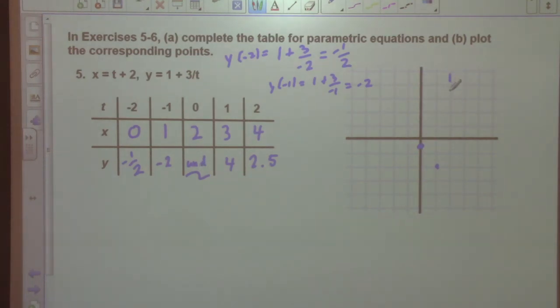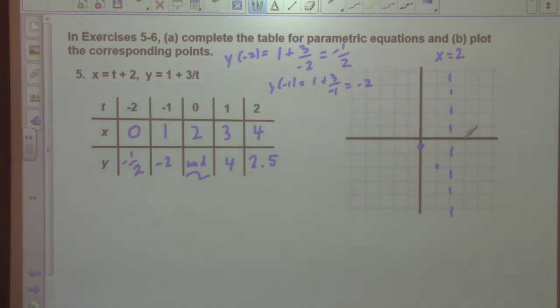What happens when we have undefined? Well, in this case, we have a vertical asymptote, so it's going to be x is equal to 2. That's our vertical asymptote. And then the next one we have is 3, 4.